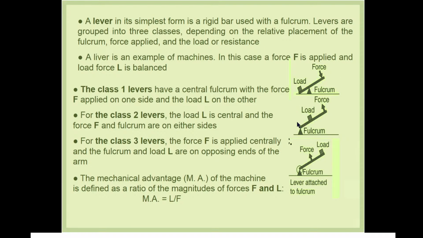For the third class, the force is applied centrally and the fulcrum and load are on opposing ends of the arm. The mechanical advantage of the machine is defined as the ratio of the magnitudes of forces F and load.